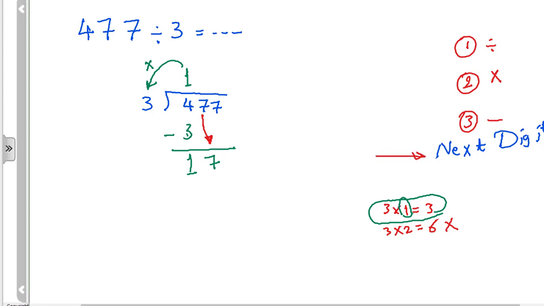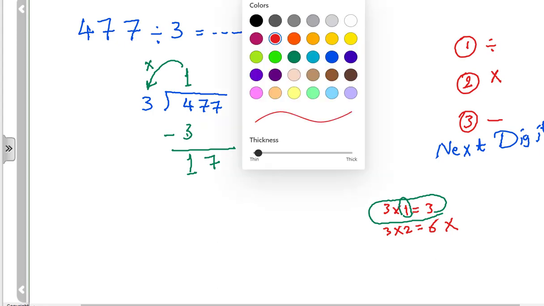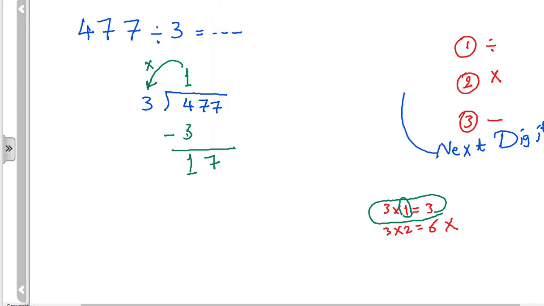Okay, what should we do after that? After that, my heroes, we should move and repeat all the steps again. After the next digit, repeat all the steps. So, start with divide. Divide 17 by 3.